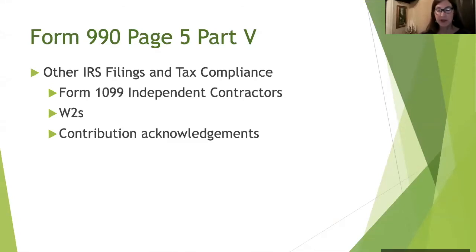It asks you again how many W-2s there are, and how many contribution acknowledgements to donors you sent out. They're trying to just make sure that you're telling the same story to every group at the IRS, because that's one way for them to know if you really have accurate information here, is you also filed all those other documents, so they can cross-check on you.